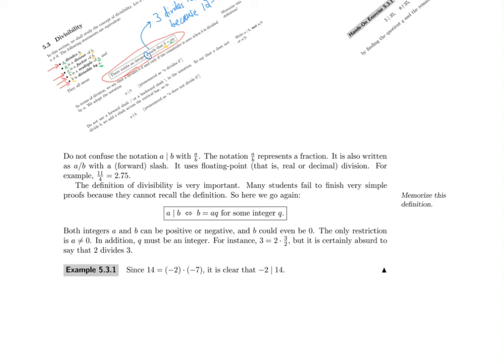So yes, even though there exists a rational number or a real number in general, such that 3 equals 2 times that number, it doesn't make sense to say 2 divides 3 in this context, because we have to have that q be an integer. For example, 14 equals negative 2 times negative 7, which tells us that negative 2 divides 14 is a true statement.